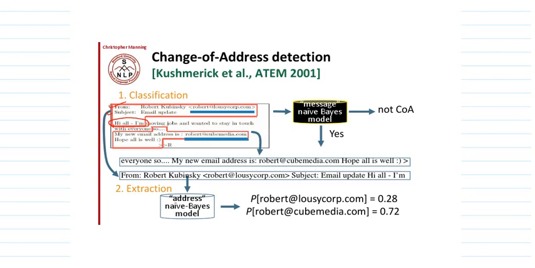These can be extracted, and for different emails they can be compared with each other with some kind of similarity measure. If these two addresses are similar, then it can be said that they are the same. Otherwise, if they are different, then the address has been changed, and this changed address can be delivered to the person concerned, right?